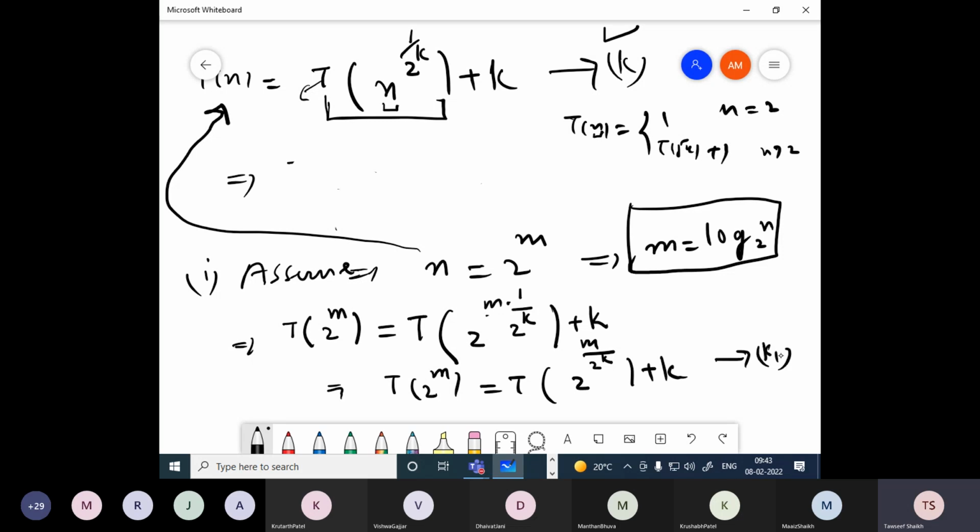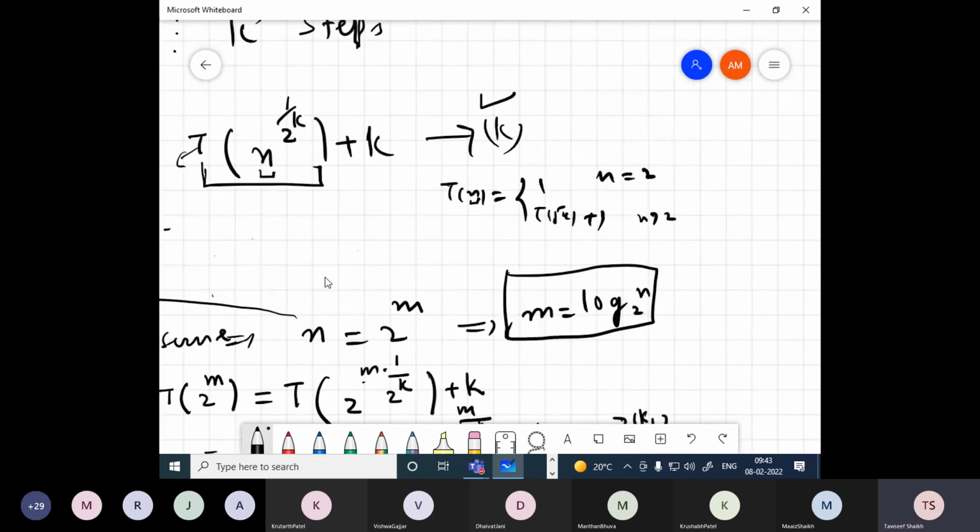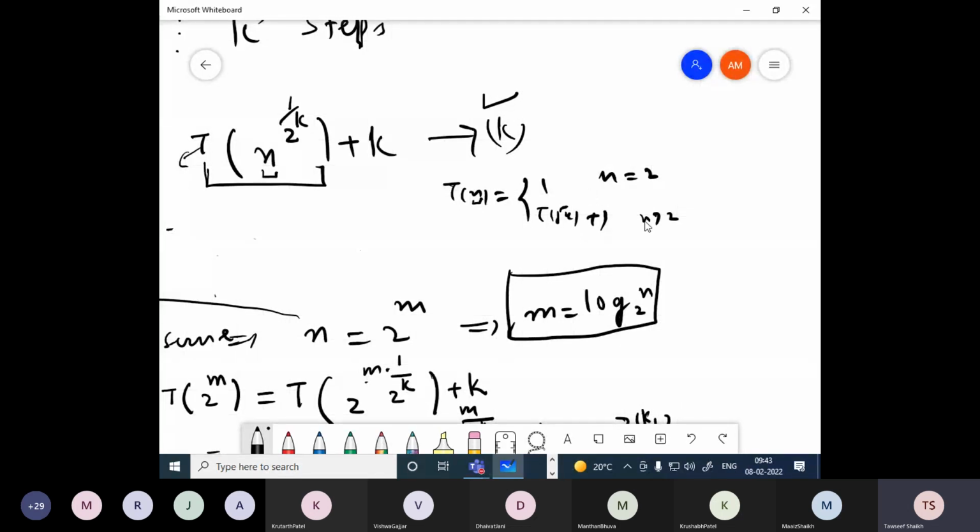Let me denote it by any name k1. So my original recurrence was t of n is equal to... What I need to focus on now is to bring it into a form where it will be equal to t of 2. Yes, in place of n, I need to substitute n is equal to 2. I know that t of 2 is equal to 1.